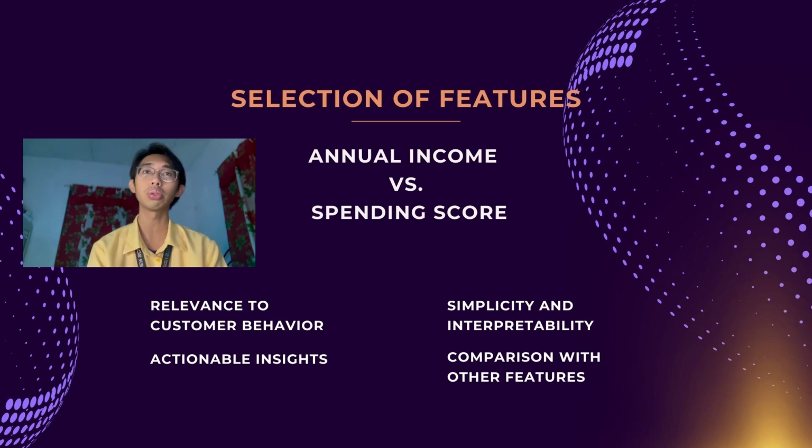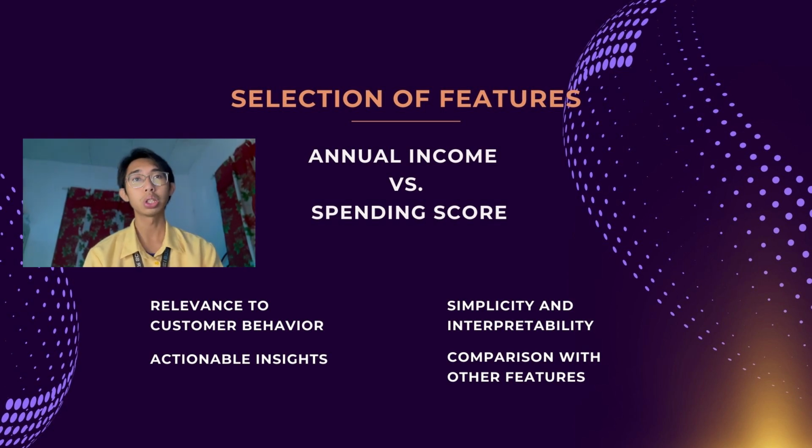While age can refine demographic segmentation, it diluted the focus on spending capacity and behavior, which are more critical for targeting in a supermarket context. For the actionable insights, this feature combination directly aligns with marketing goals, such as differentiating high spenders from budget-conscious customers.